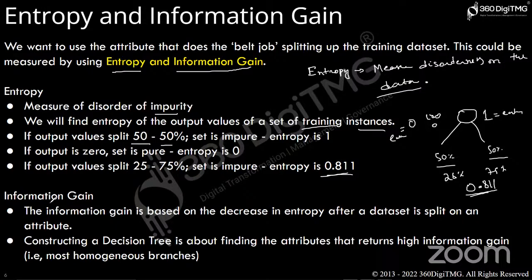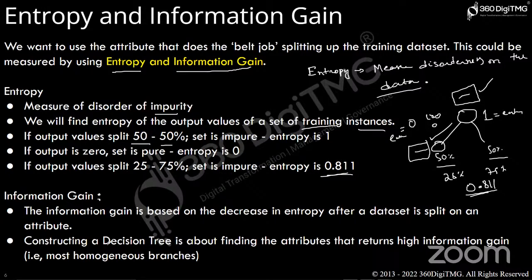Information gain is nothing but entropy before split minus entropy after split. So first I'll find the entropy before the split, minus the entropy after the split. Information gain is based on the decrease in entropy after the data set is split on an attribute.